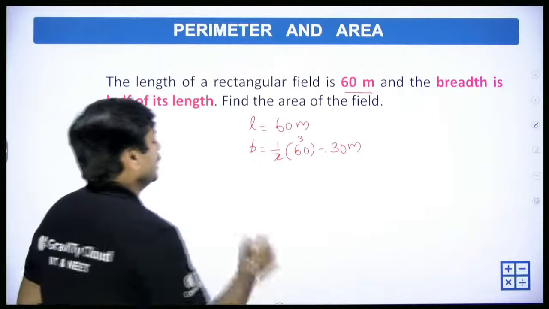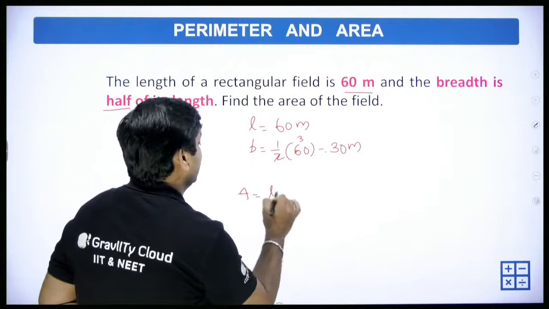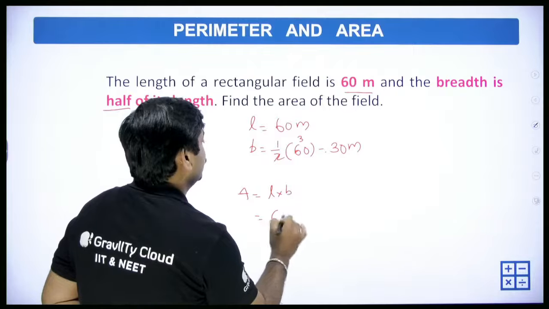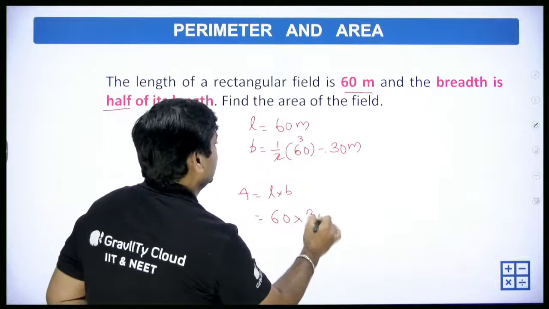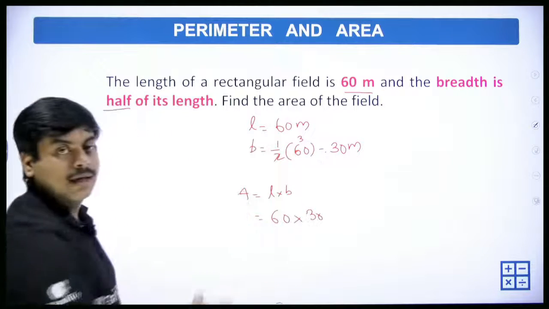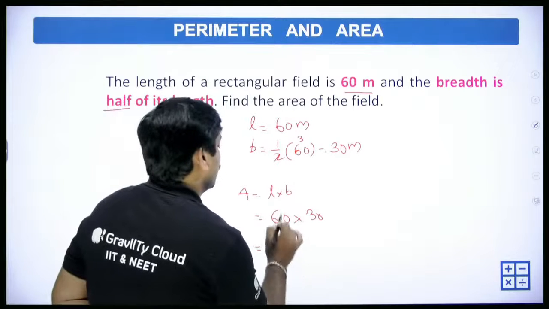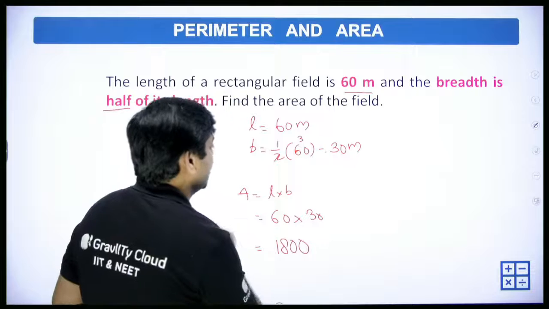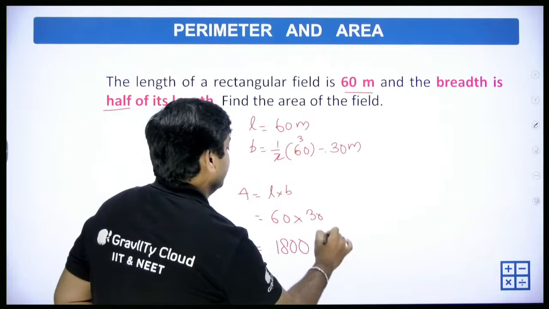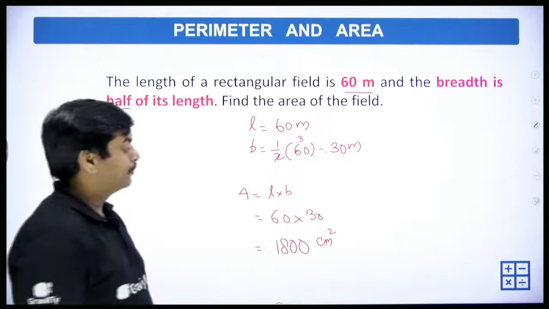So I told you, for a rectangle the area is always simple. Area is equal to length into breadth. So length 60 into breadth 30 meters. In the area we need to write meters square. So 6 3s are 18, plus two zeros, so that becomes 1800 meters square.